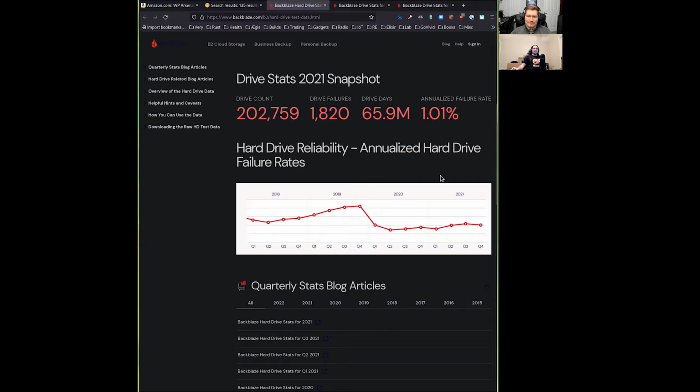So we see here this line is a little bit steady, and it's very interesting as to why this is occurring. I do know that Backblaze does retire chunks of drives every so often. But it's starting to look like the more recent generation of hard drives are starting to fail in a more consistent fashion.